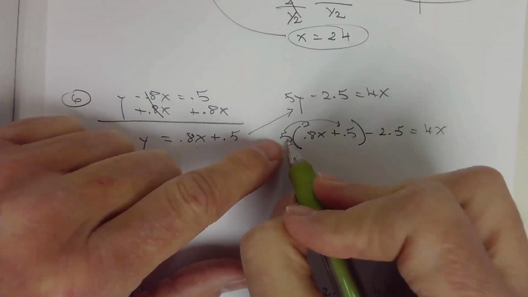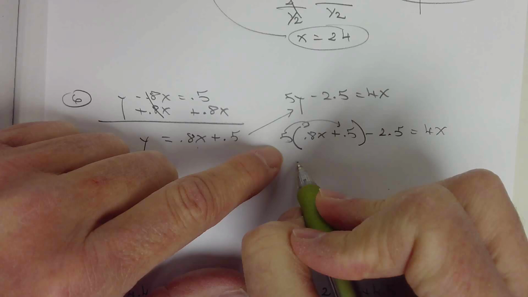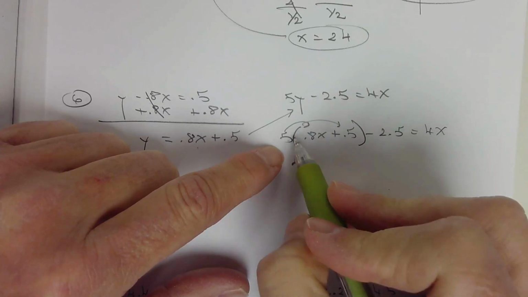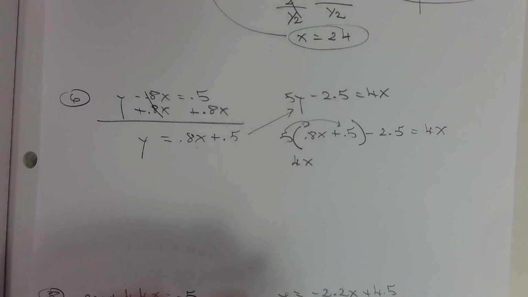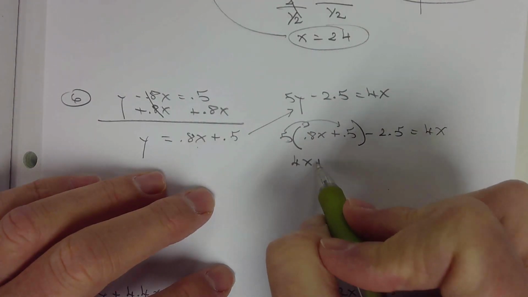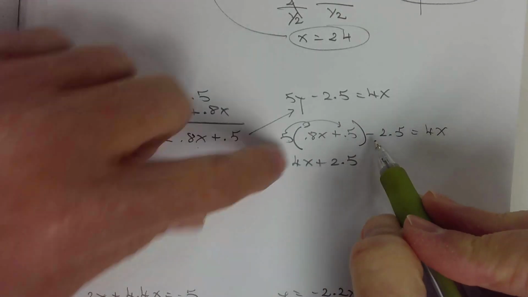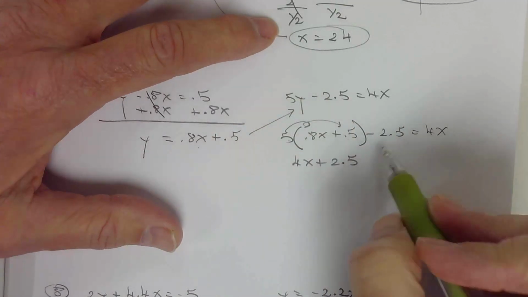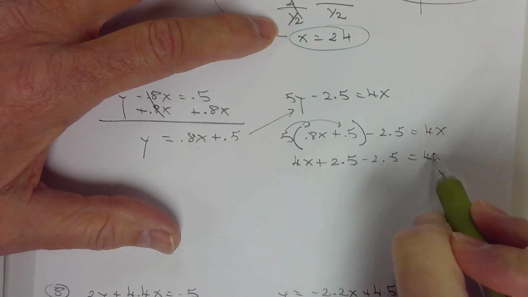So 5 times 0.8 is 4, so 4x, and then 5 times 0.5 is 2.5, so plus 2.5, and then we continue outside the parentheses, minus 2.5 equals 4x.